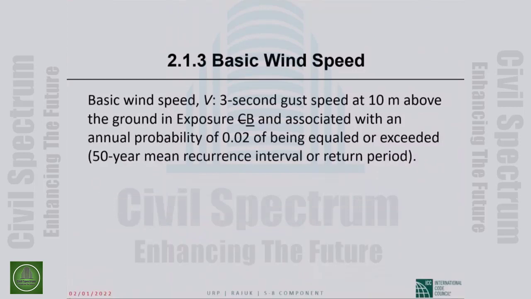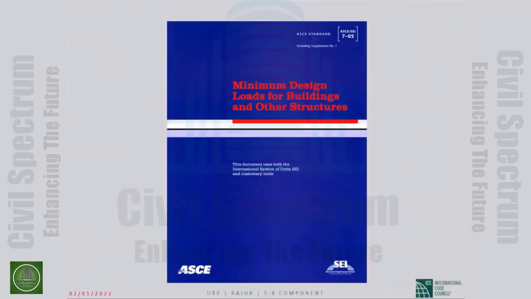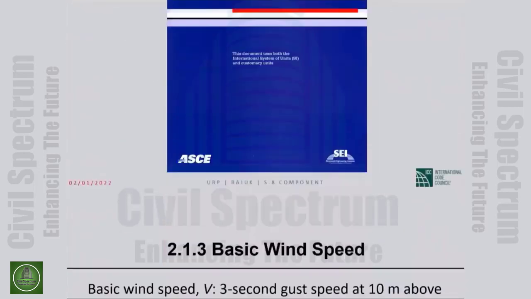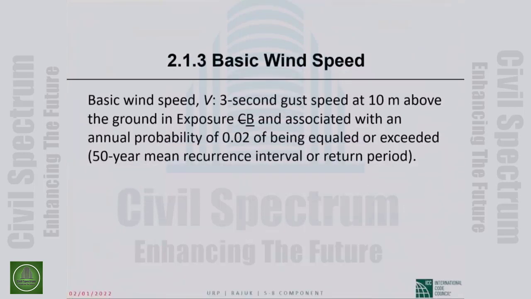Okay, so 0.00613 was the number? 0.00613 v squared, the basic wind speed squared, and then the K sub z, K sub zt, K sub d, and I. Okay. Let's look at each term individually.